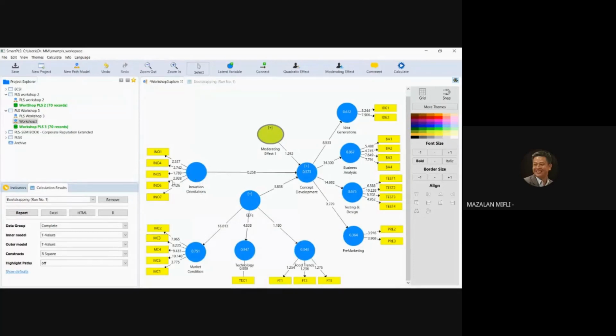It shows that the innovation orientations they follow will still remain. Of course they use it, if we look down here, it's almost 80%. They do actually, but in statistics we only claim an effect at 99%.